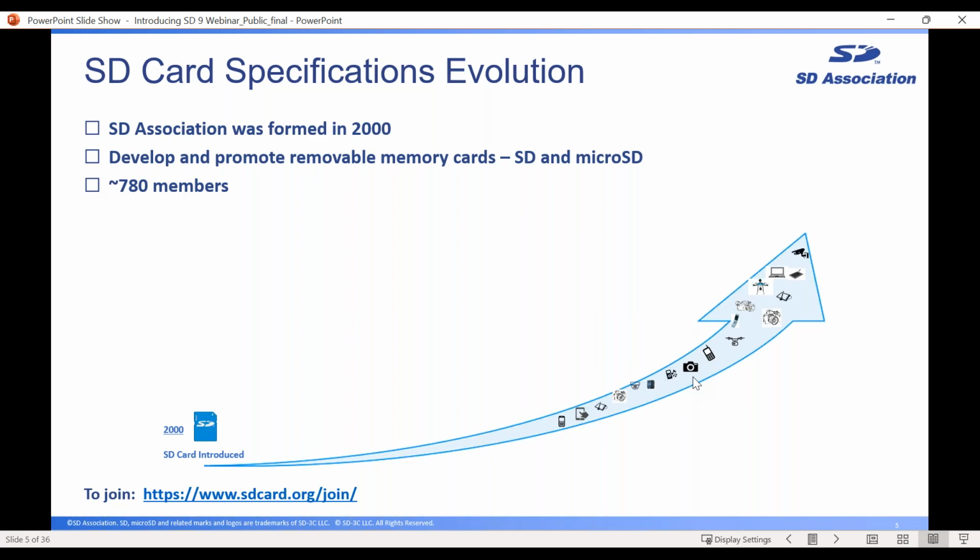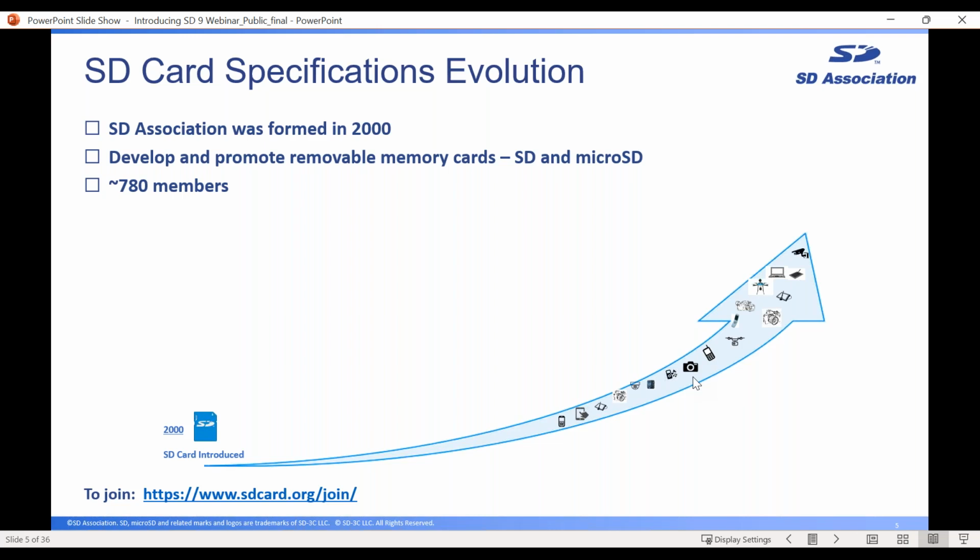And during all the time, we continuously develop new card types and features meeting market needs. This standard was started at the time, the year 2000, when there were a few other type of cards and form factors in the market.